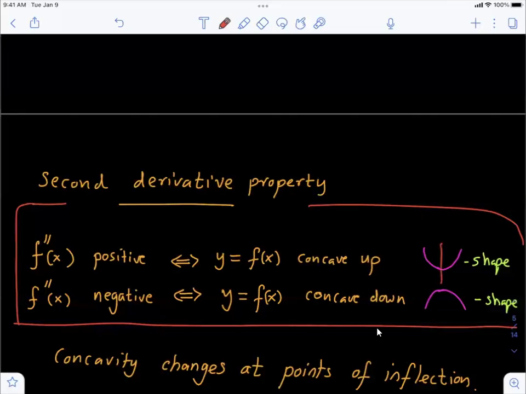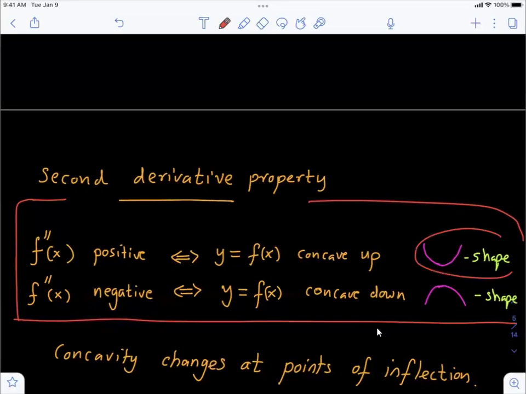It could be either this half of the story, just a part of a U shape, or the other half of the story. By any chance, if the second derivative is negative, then it is going to be an upside down U shape. So it could be a part of that shape too, either the first half or the second half. Now, this U shape is what we call concave up. So we name this kind of a shape concave up.